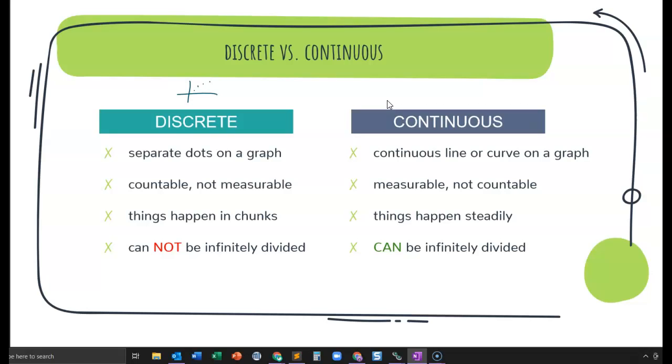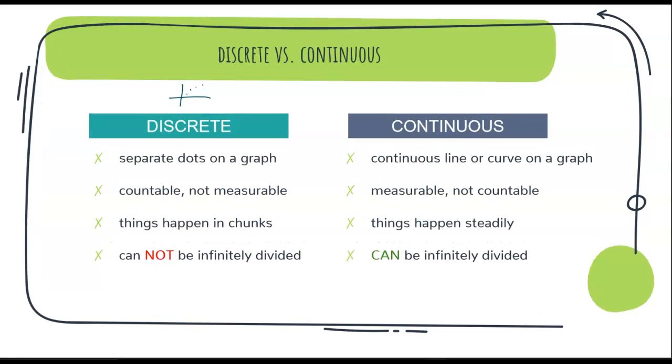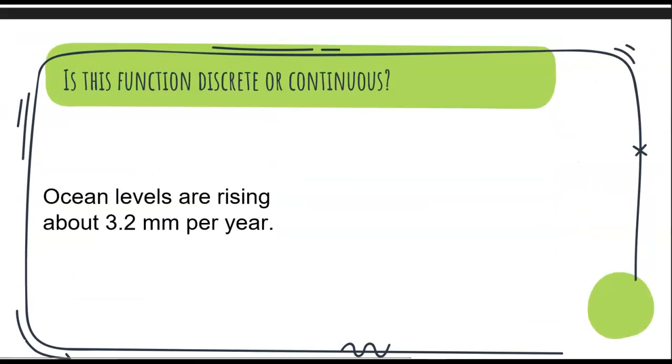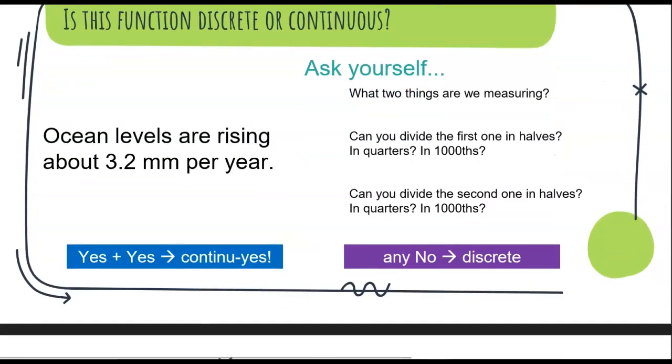So let's take a look at an example here. Is this function discrete or continuous? Ocean levels are rising about 3.2 millimeters per year. How might we think about this? Well, we can ask ourselves a few questions that should tell us whether this is discrete or continuous.